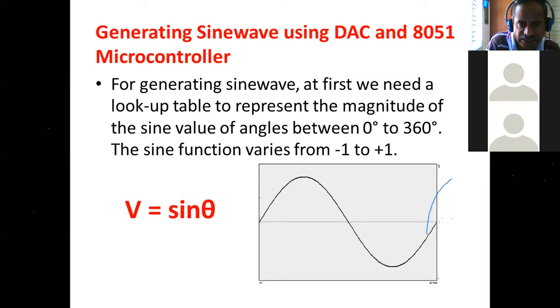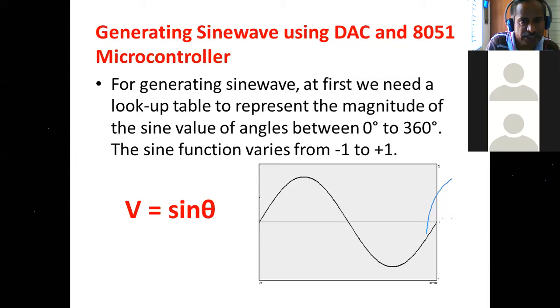when theta is equal to 0, output voltage V is equal to sine 0, which is 0. The amplitude of the voltage is 0. If theta is equal to 90 degree, then V is equal to sine 90.